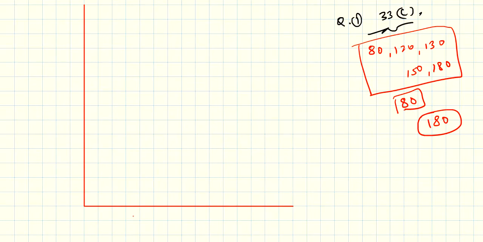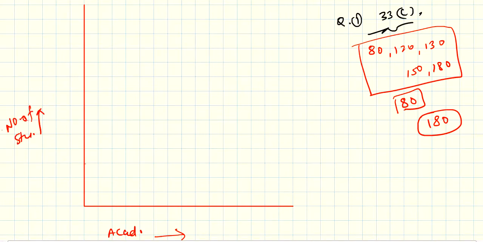Now, as I told you, in the x-axis academic years we are having like this, and in the y-axis we are having number of students. From 2011-12 to 2015-16, this is 0 as you know, then this one is 2011, this one is 2012, 2013, 2014, 2015, and this one 2016.